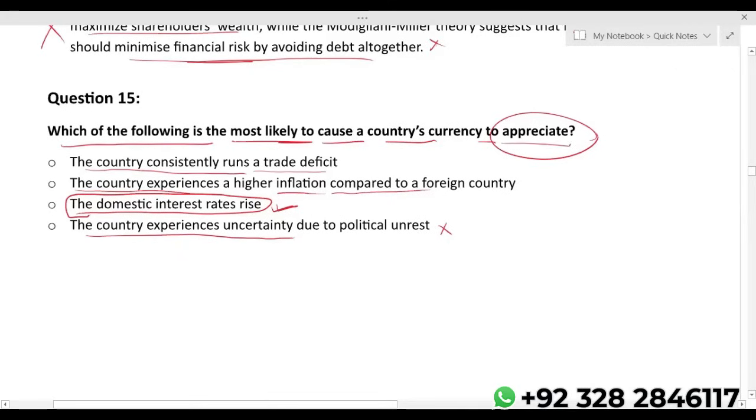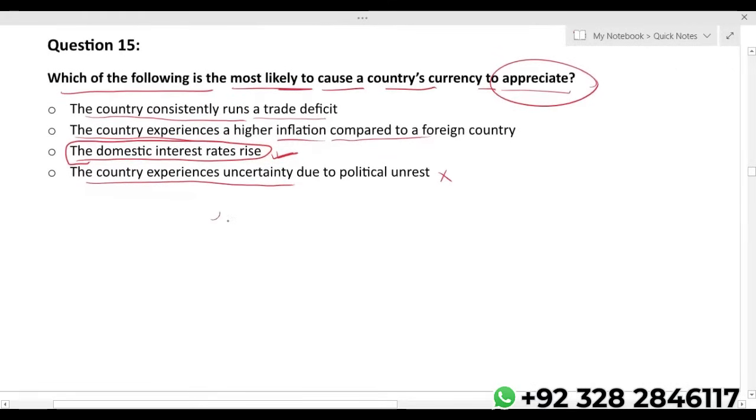There's a possibility. For example, in a number of foreign countries, assume the interest rate on deposits is 2%, but in our country, assume we have a deposit rate of 10%. Now try to understand.